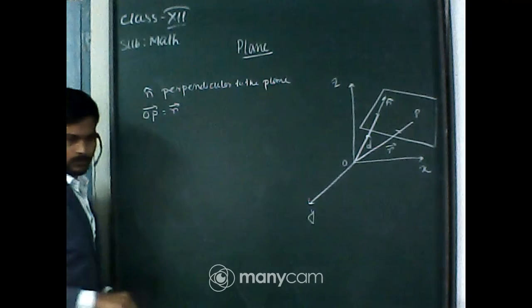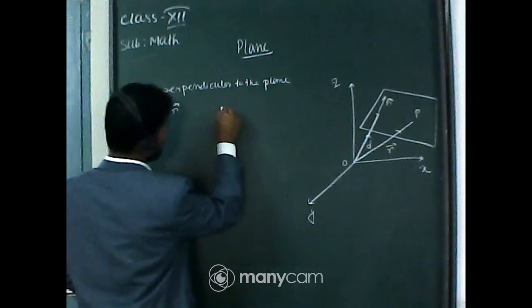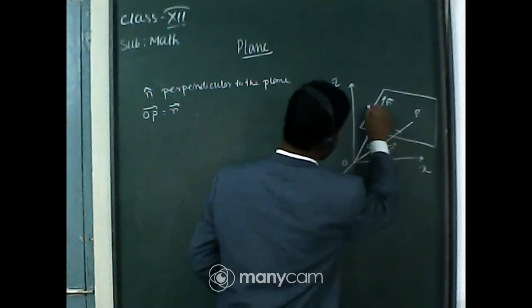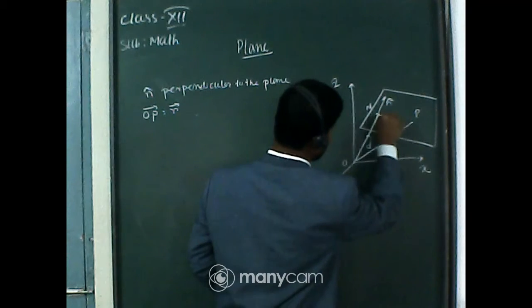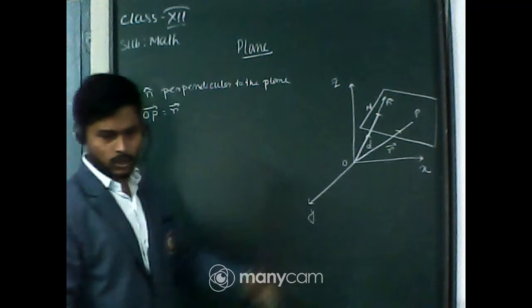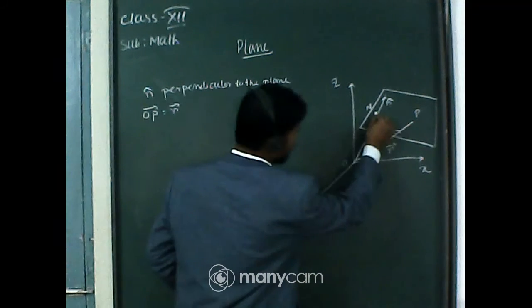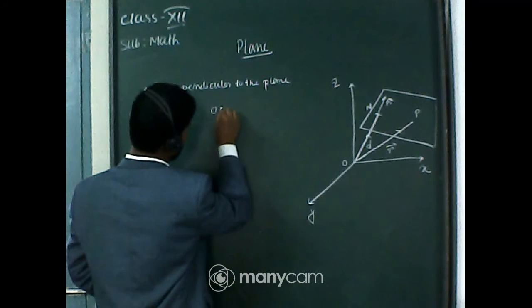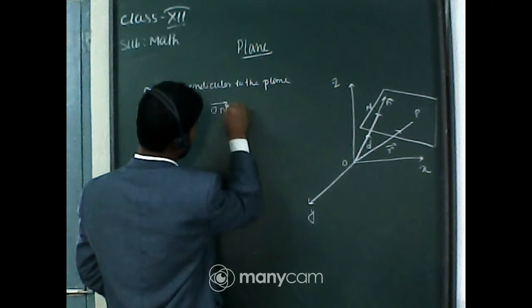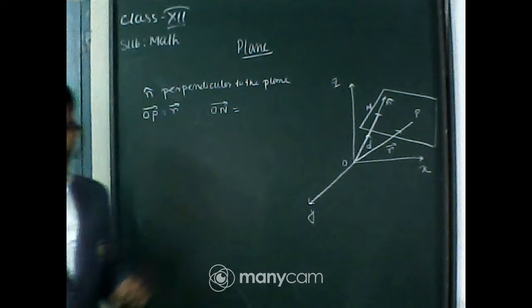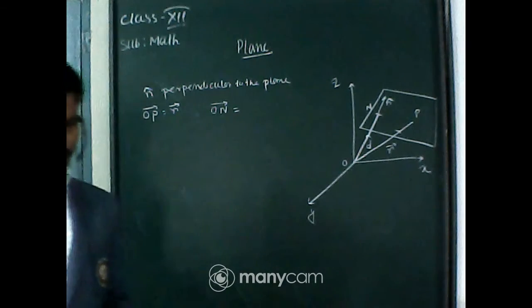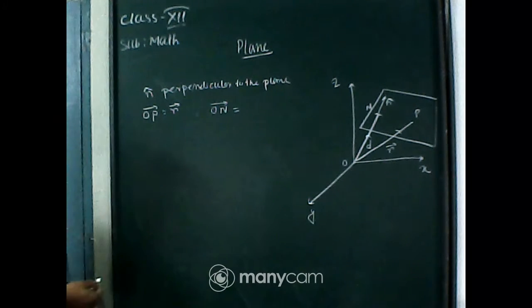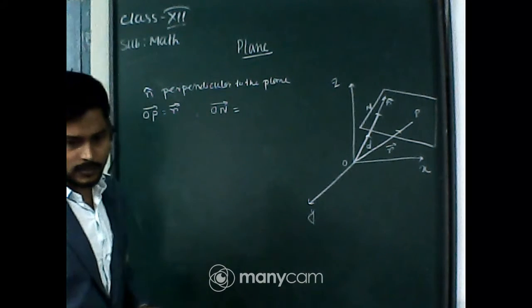Suppose this point is N, the foot of the perpendicular from the origin to the plane. So ON vector is equal to, now can you tell me what will be the value of ON vector? How can we represent the ON vector?